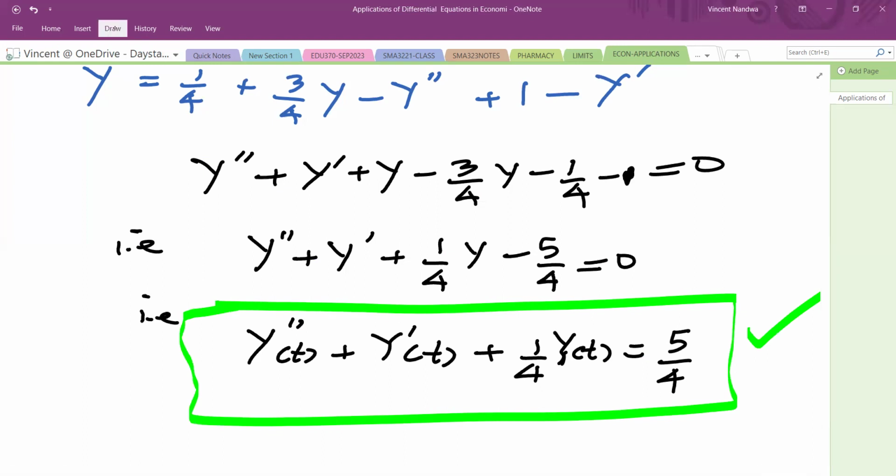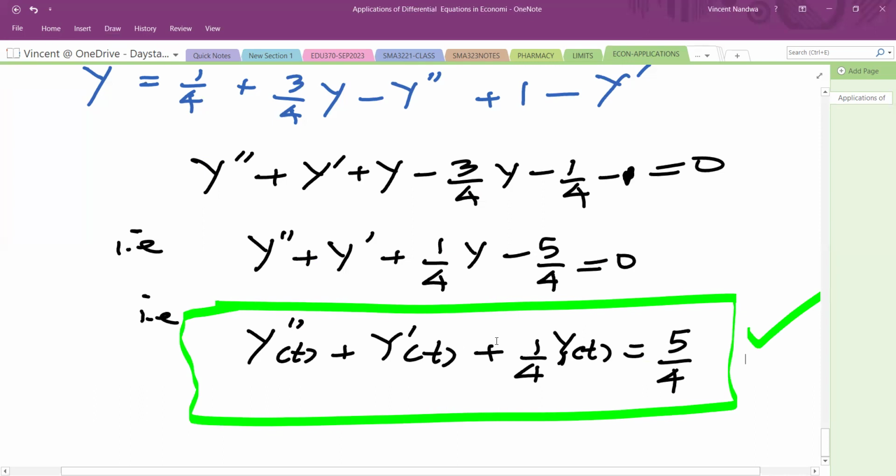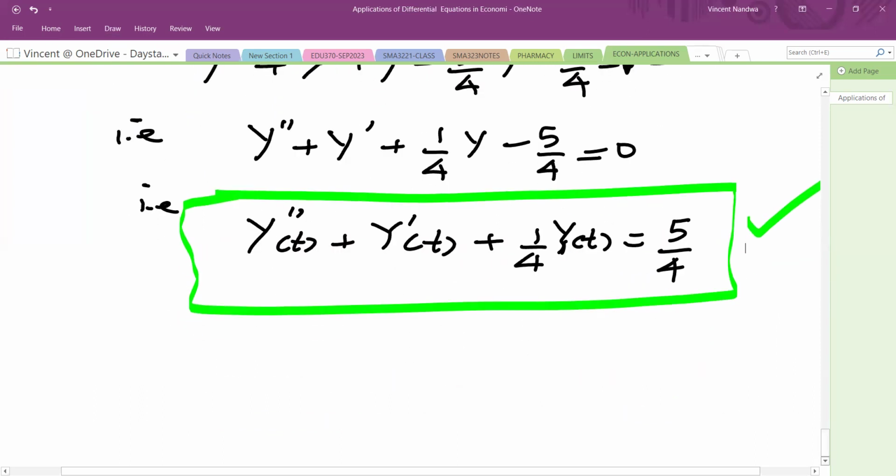So then now, the second part was to solve the equation involving y.